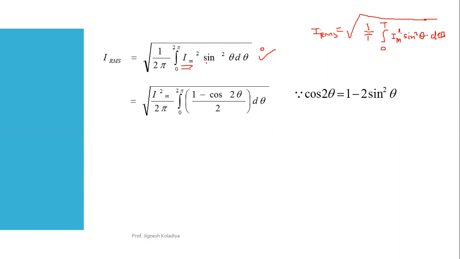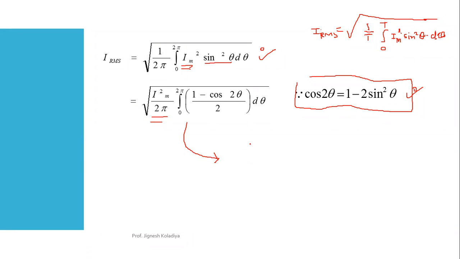In the bracket we have sine square theta, and sine square theta means 1 minus cos 2 theta upon 2. From this equation we can write 1 minus cos 2 theta upon 2. Okay, so further, I can write separately for this.